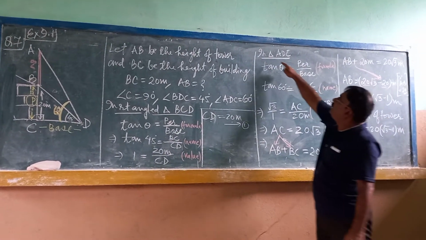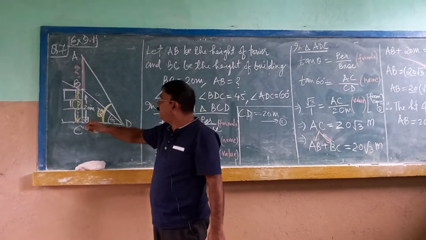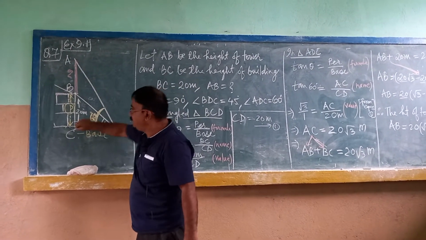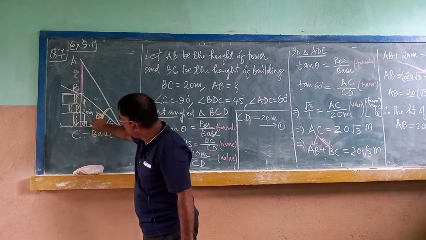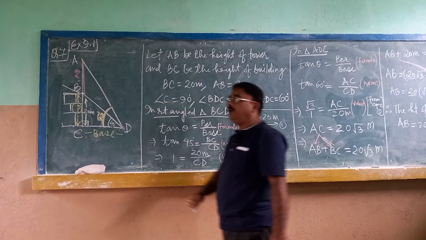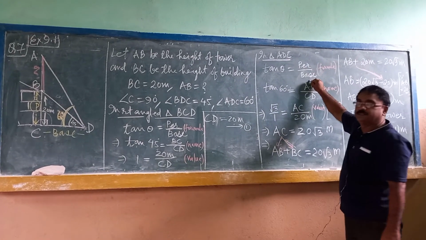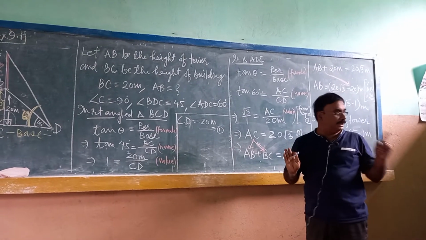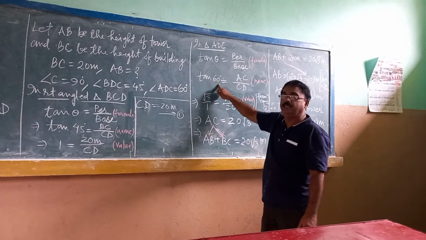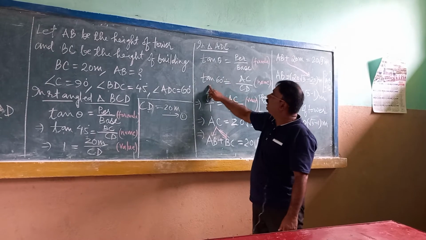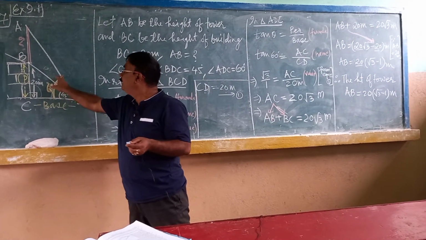Now we are coming to this segment. Here you see triangle ADC. This angle is 60 degrees and this angle is 90 degrees. Now tan theta is again perpendicular by base. That is the basic formula we have to know. So tan 60 degrees, where are we getting tan 60 degrees from?